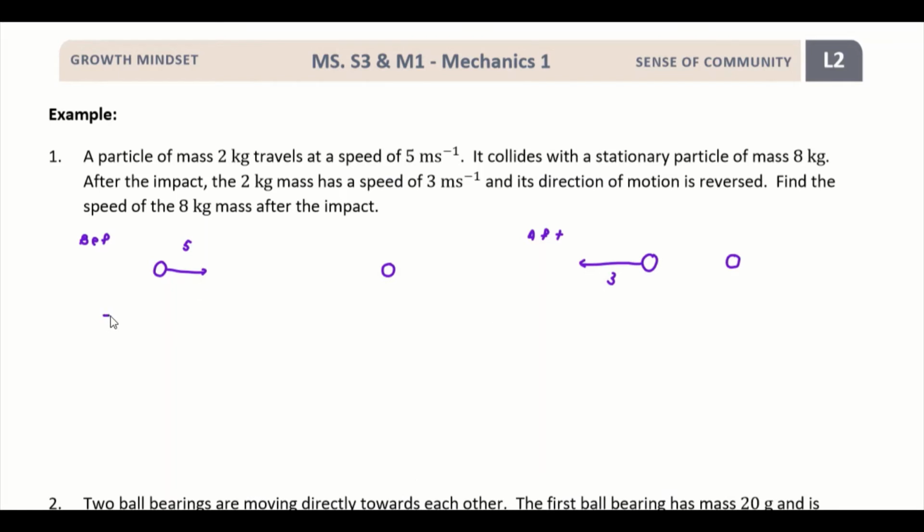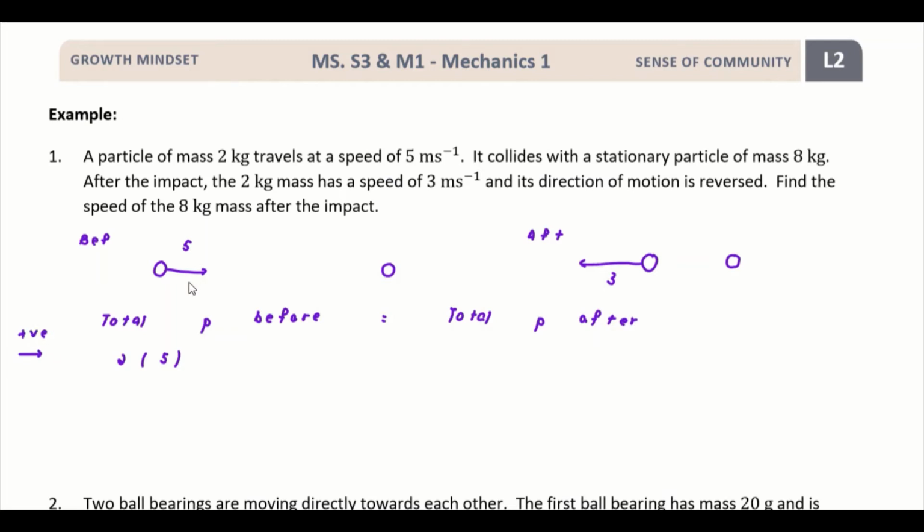So the total P before is going to be equal to the total P after. Okay, so the initial total momentum is going to be the mass 2 kg multiplied by the speed, which is 5. The same thing, we try to denote, maybe going that side is positive.